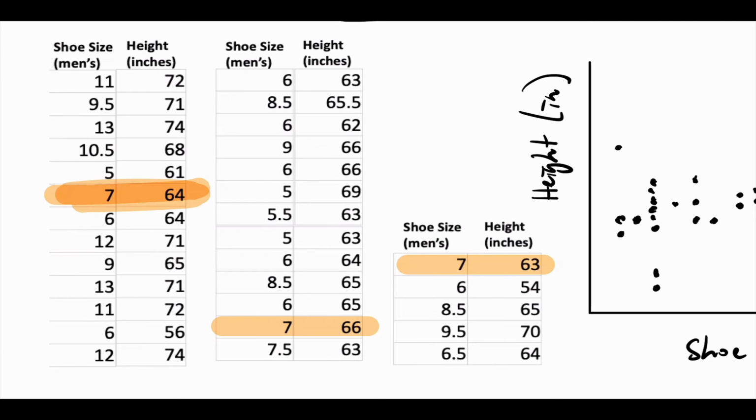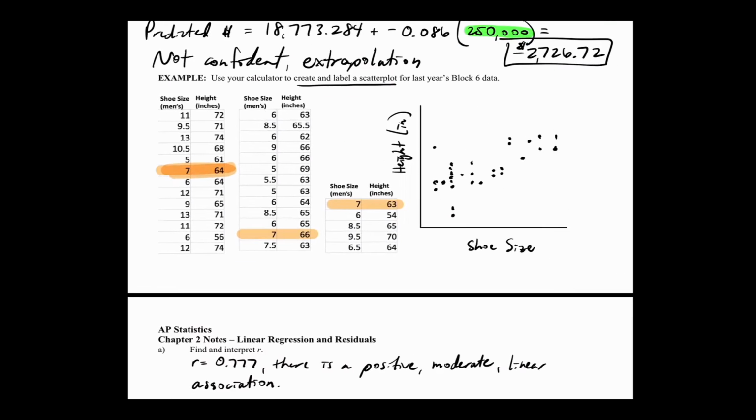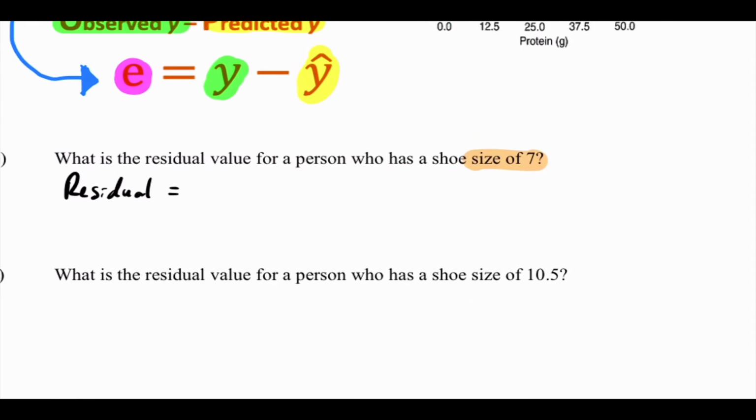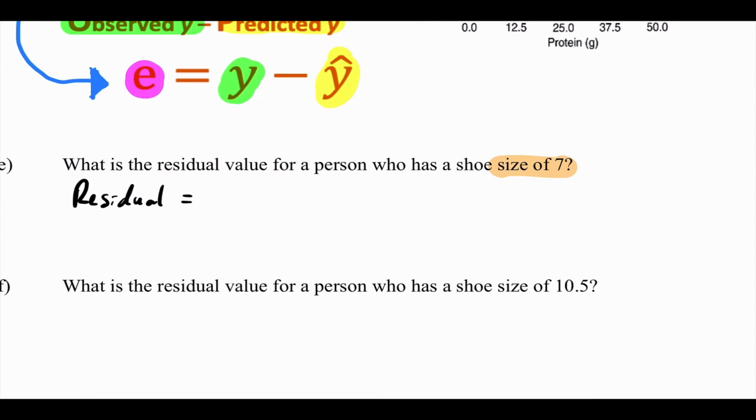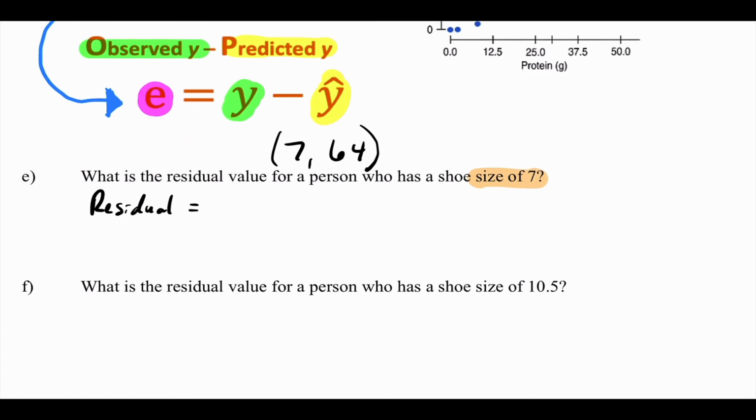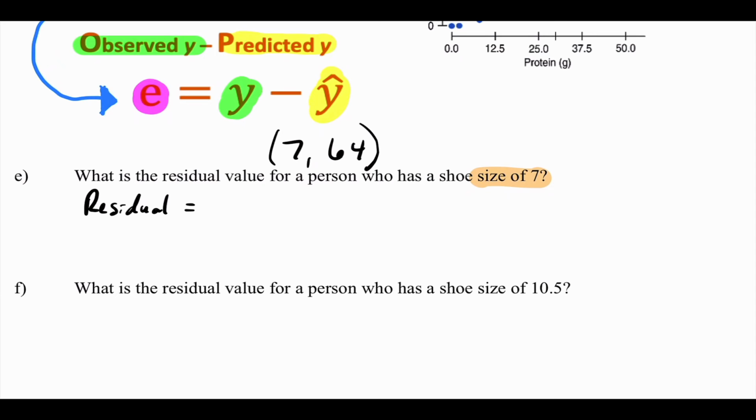So let's do this person right here, 7 comma 64. That was that person there. So what is the observed Y? 64. Good. Minus the predicted Y. What was the predicted Y?